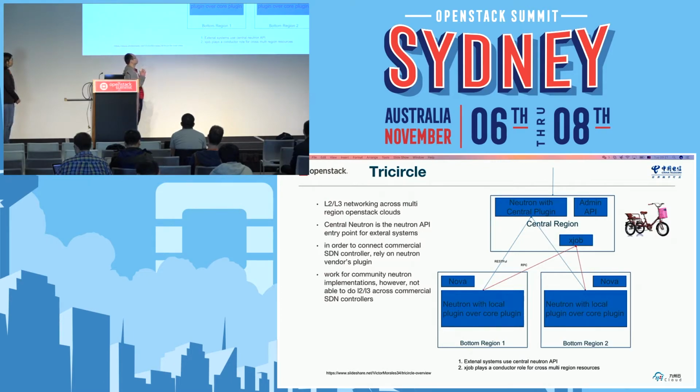Xjob daemon will deliver all the information to other bottom regions. In this way, the networking across multi-region is formed. And here, the central plugin's API is the only entry point. So the bottom region's Neutron API should not be exposed to the user or to other external systems.